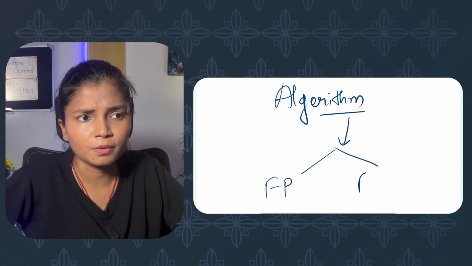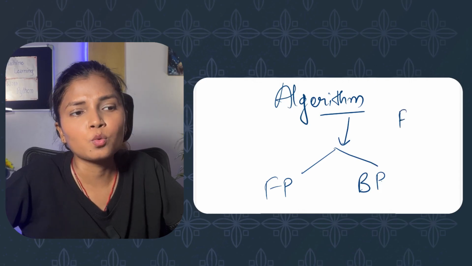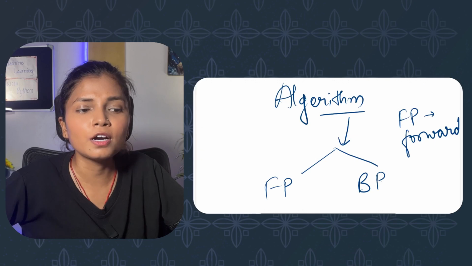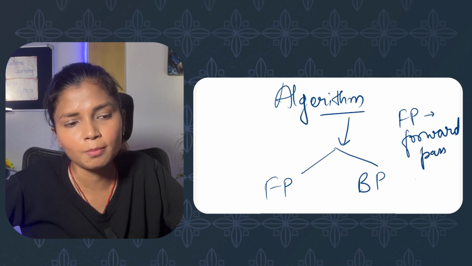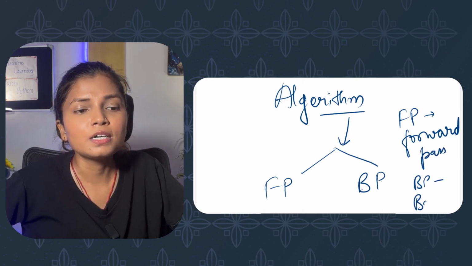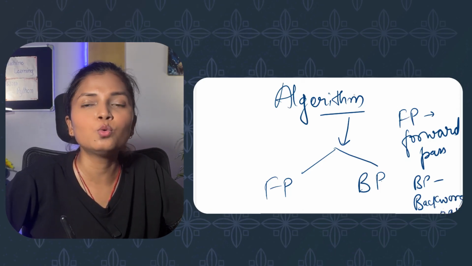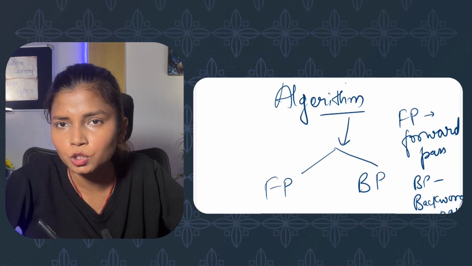What is FP? FP is forward pass. What is BP? It is backward pass. Now, what is forward pass? Within forward pass, this is applicable to any algorithm that you are going to create.